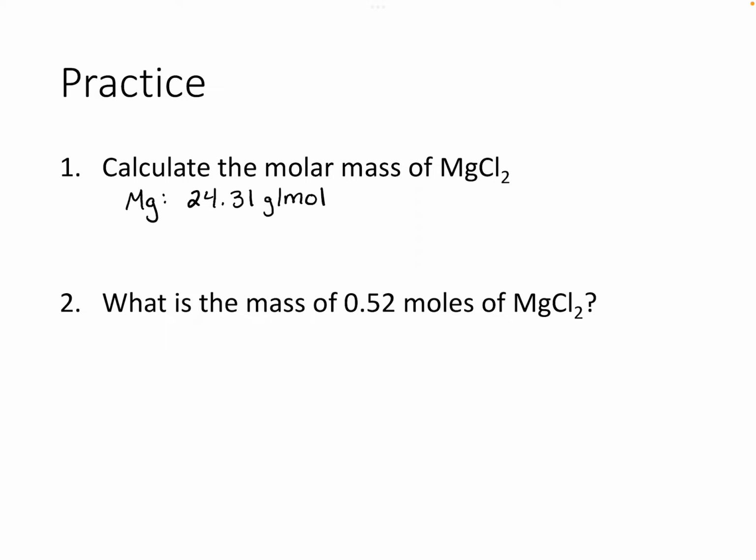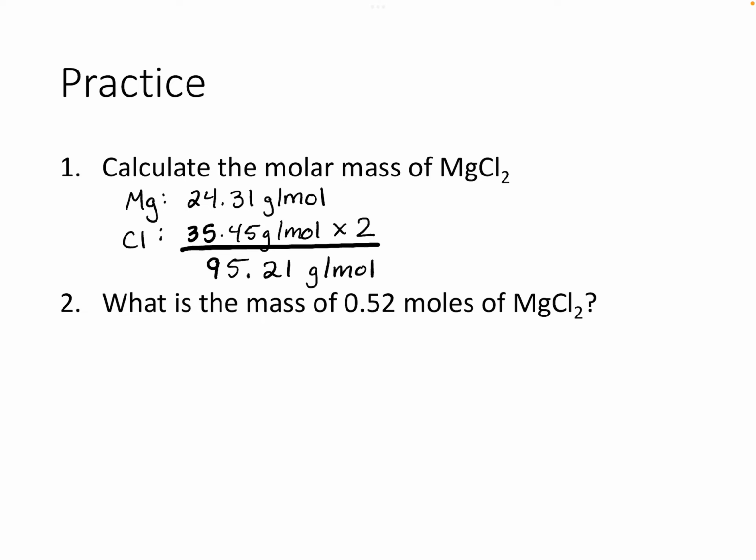And then we have 2 chlorines. So the mass of chlorine is 35.45, but we want to multiply that by 2. Now, if we add that all up, we should get a total mass of 95.21 grams per mole.